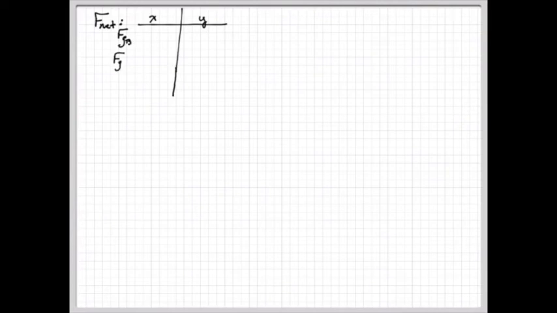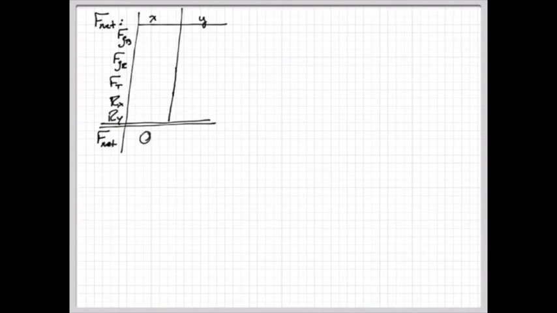We had a force of gravity acting on the support rod. We had a force of tension, and then we had two reaction forces, one in the X and one in the Y. And remember, because this is in static equilibrium, the net force for both directions must be 0.